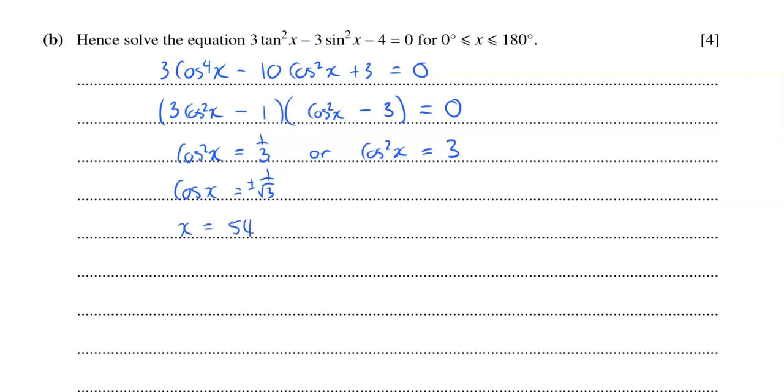We go to 1 decimal place, as the front of the exam paper told us. Now, because it's plus or minus, that means every quadrant has a valid answer. Cos is positive in the first quadrant, negative in the second quadrant, but that's a valid answer. So we take 180 and we minus 54.7, and we'll get our second answer, which is 125.3, rounded to 1 decimal place, and we finish part B.